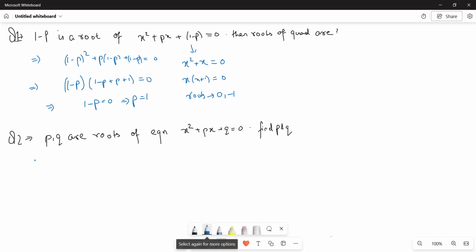Okay, let's see. If p and q are the roots, then p plus q must be minus p, the sum of the roots. And the product of the roots, pq, must be equal to q. Now, if pq is equal to q, what can we say from here?